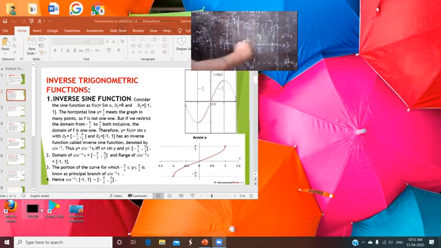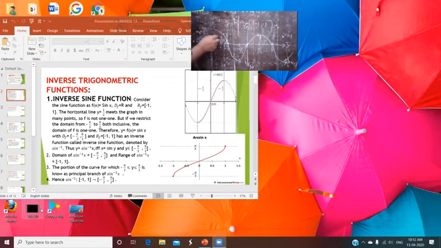If you plot the graph, the curve gives the graph of the sine function, which is shown on your slide. The function is defined for all real numbers.